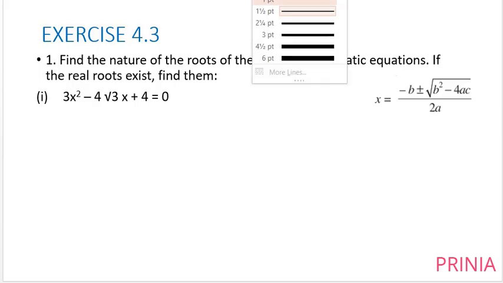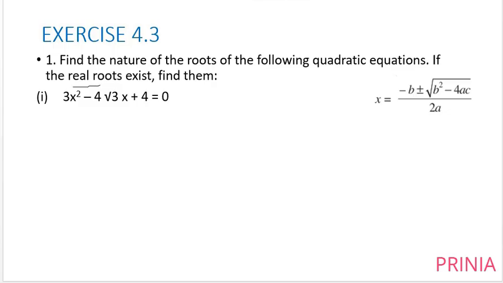We are already given that the roots are real. So the condition is that b square minus 4ac is always greater than or equal to 0 when the real roots exist. So let us solve this example now.